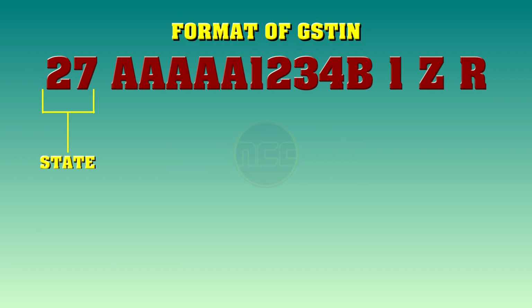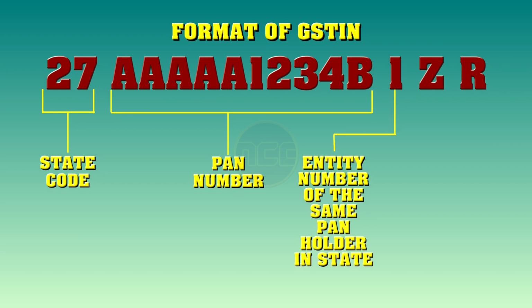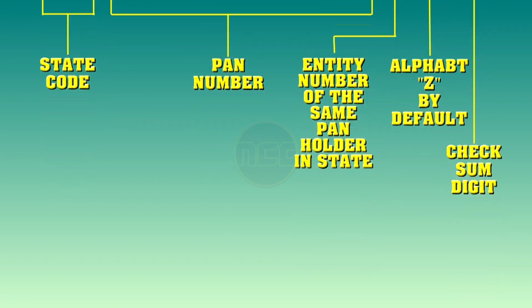First two digits are state code and the next 10 digits are PAN number of registered person. Next single digit, that here is a 1, is an entity number of the state PAN holders, and next alphabets are given by default. So, this was the GSTIN.